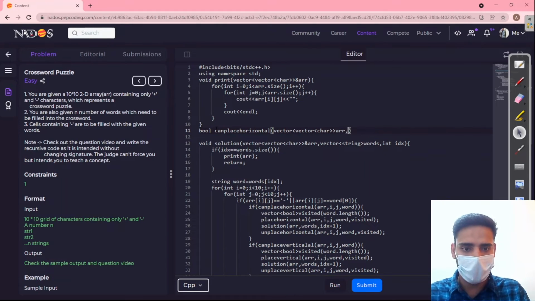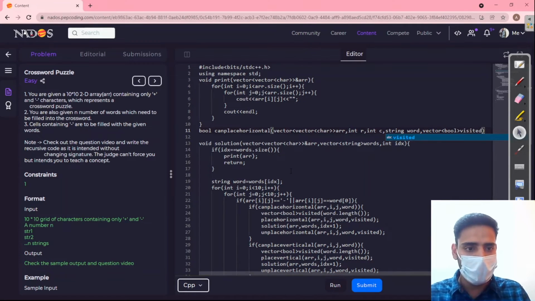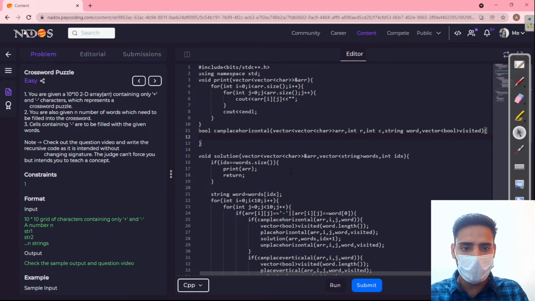And what we have are the indexes. So int row and int column, and after that we have one more thing, that is word. So string word, and one more thing, that is a boolean vector. So vector bool visited. Okay, this is done.